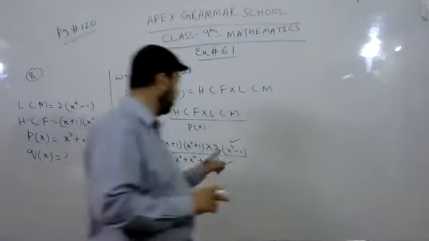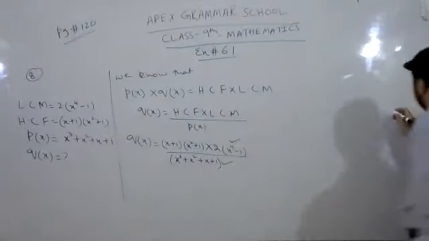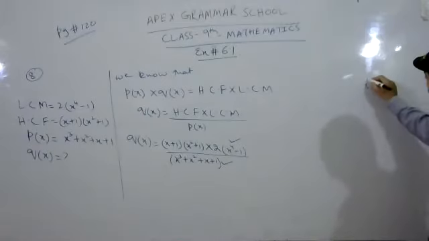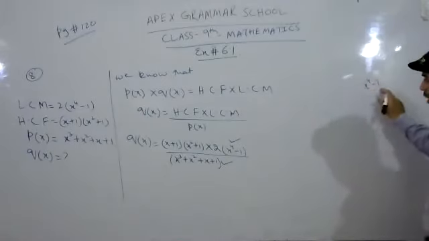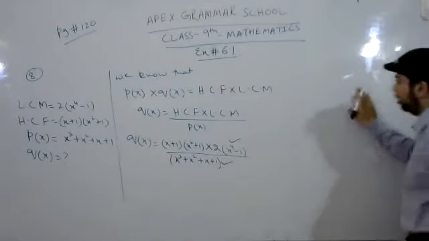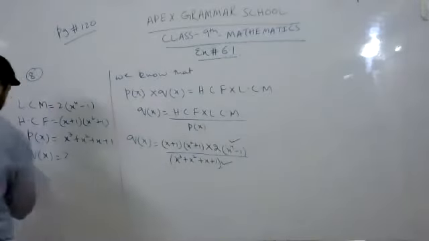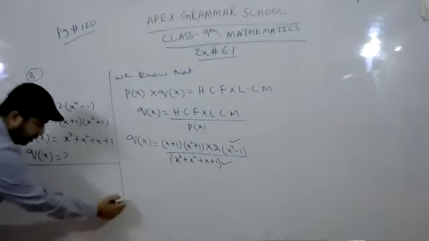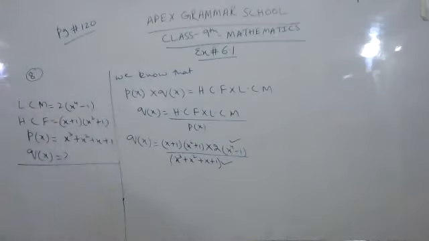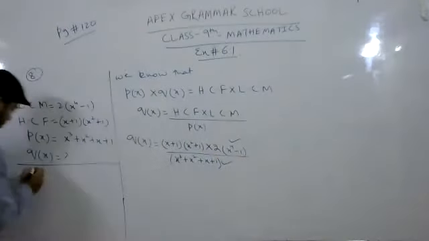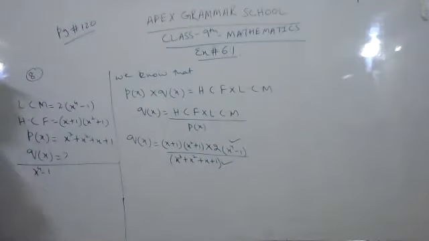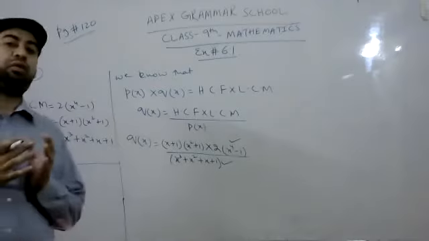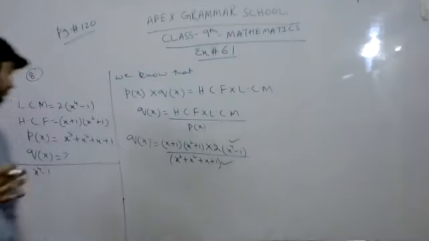How? You can see that this is x raised to the power 4 minus 1. I'm solving here. X raised to the power 4 minus 1. This is the formula. Now think about which type of formula it is going to be here.